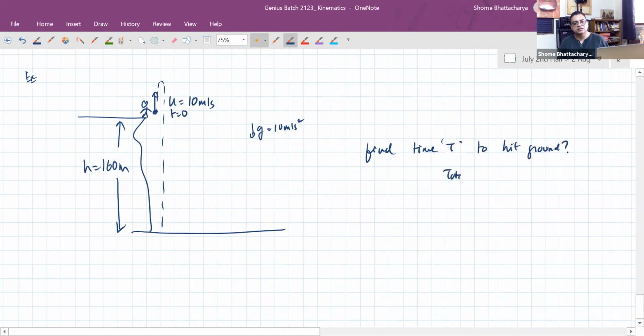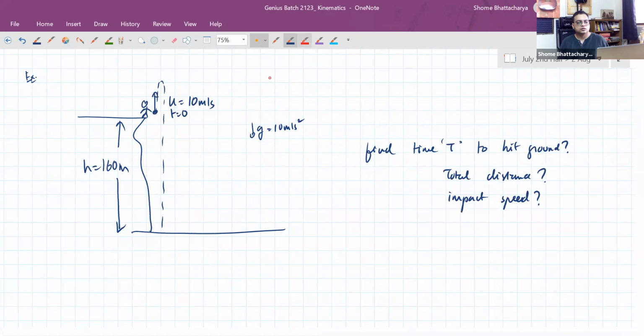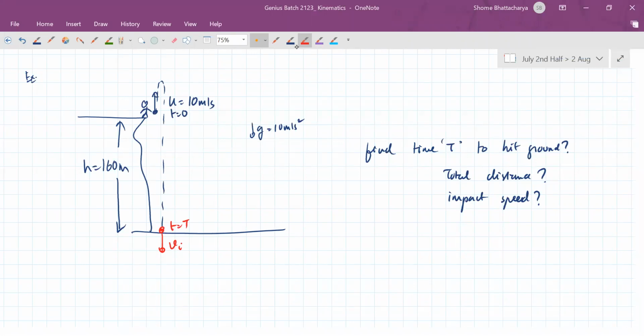Okay. And then of course total distance and impact speed. So if it hits the ground at some time t, an impact speed like this. So I want to find out all this. Okay. Now just work out this question. Should be fairly easy. You can use either of the options of sign convention and this thing.